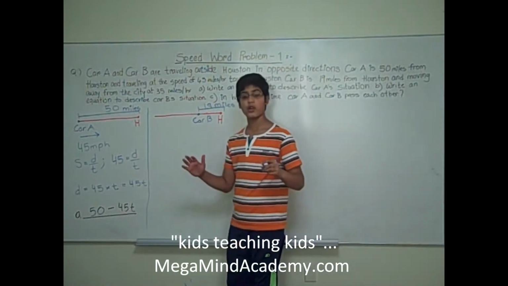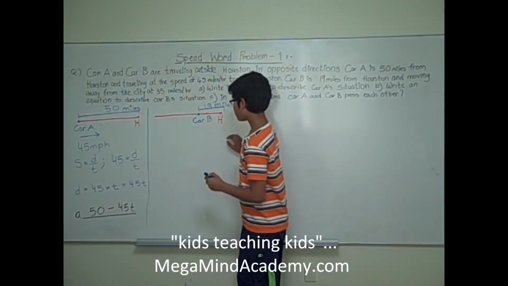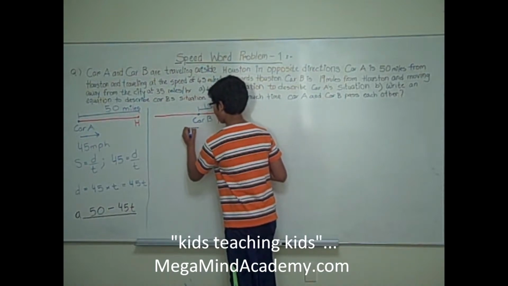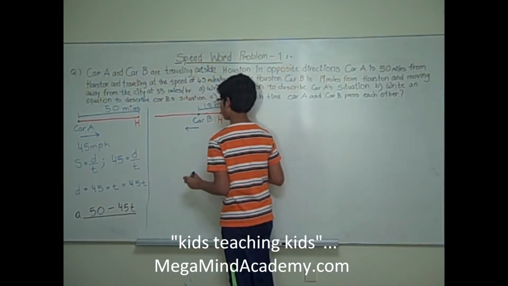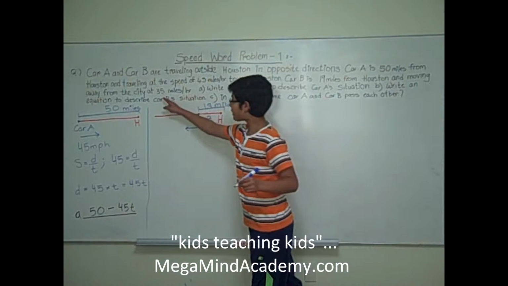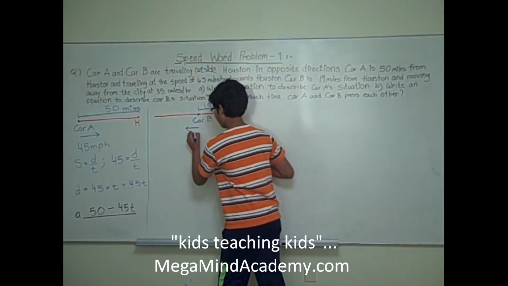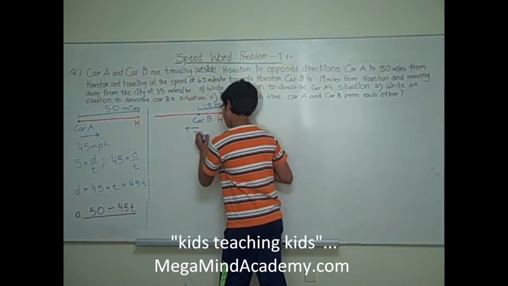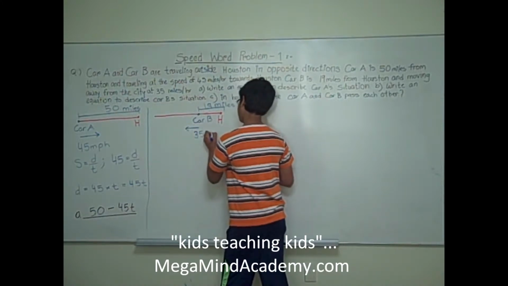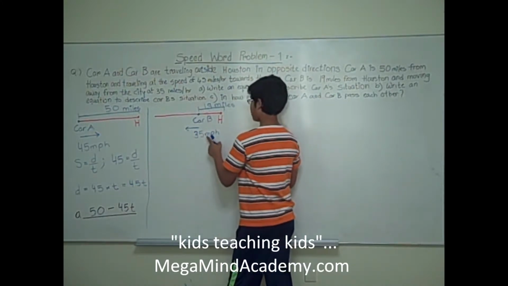Car B is going away from Houston. So this means that car B is going this way at 35 miles per hour. So 35 mph, miles per hour.